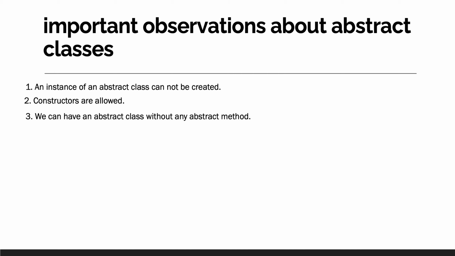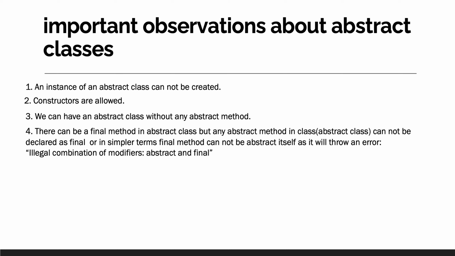It means that it is not necessary that all abstract classes will have abstract methods. So it is possible to create an abstract class and implement only non-abstract methods, but that is not recommended because there is no use, as it is similar to a normal class only.